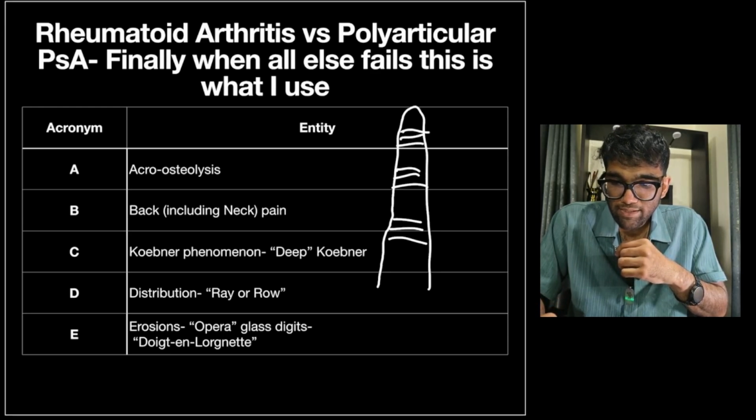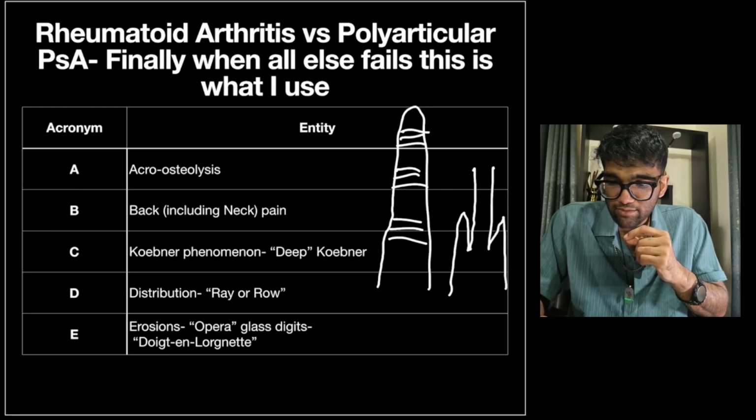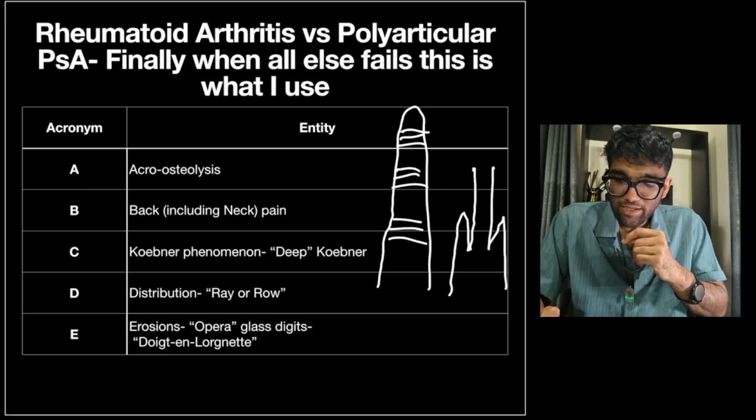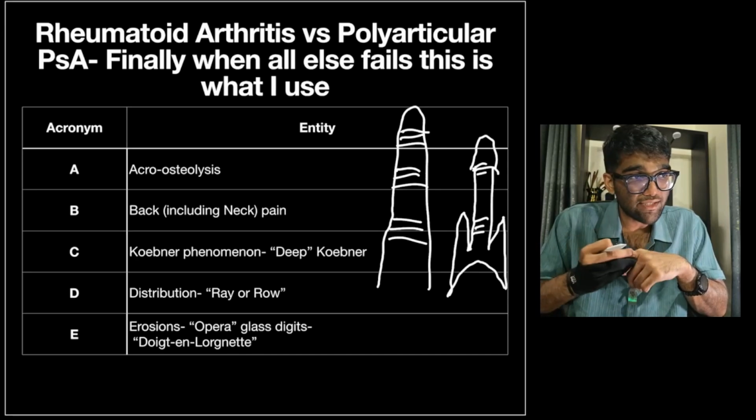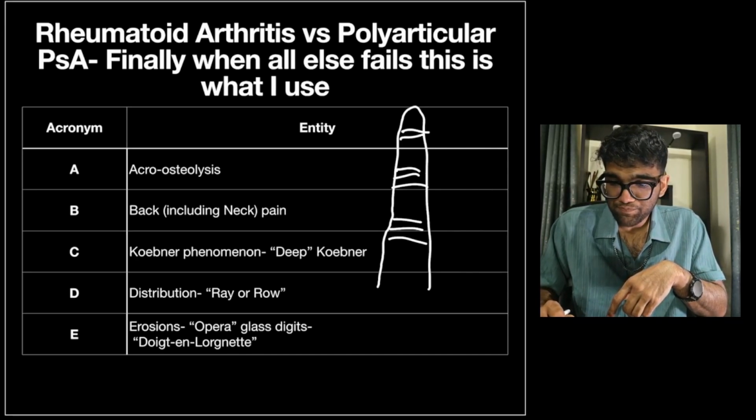What ends up happening is that the middle phalanx telescopes into the MCP joint like this. Okay, so this looks like an inverted opera glass. So this is your shortened telescoped digit. So this has gone inside. Okay, so that is quite specific for psoriatic arthritis.